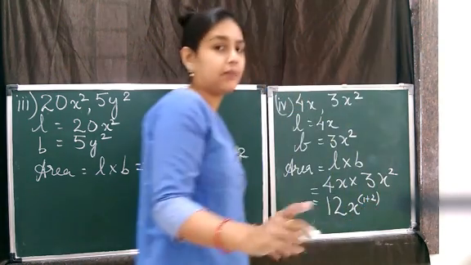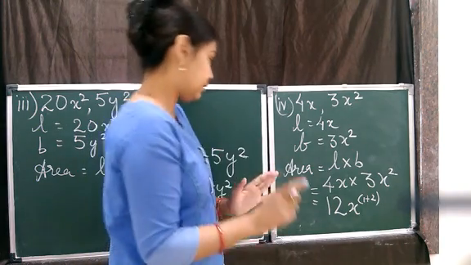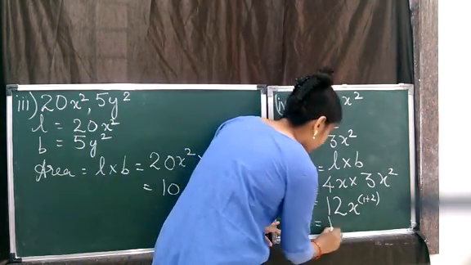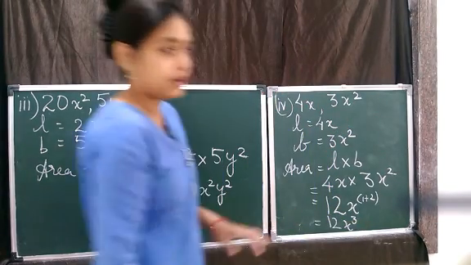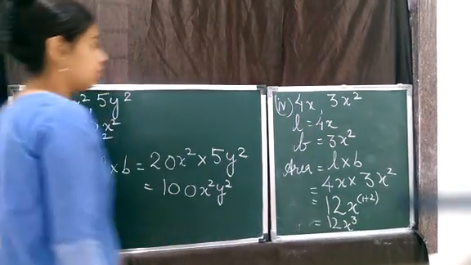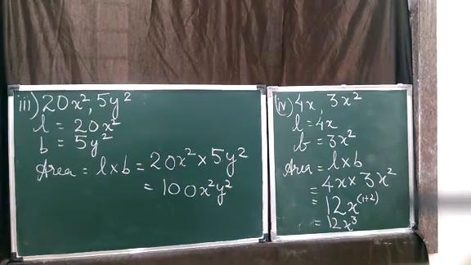Remember, in multiplication we add the powers. So 12x cube, or you can say x to the power 3 or x raised to 3. So this completes the fourth one.